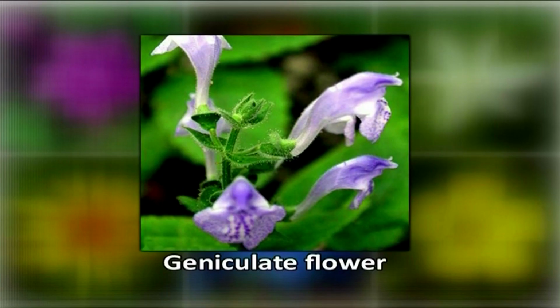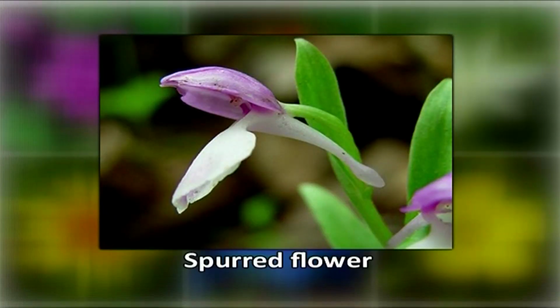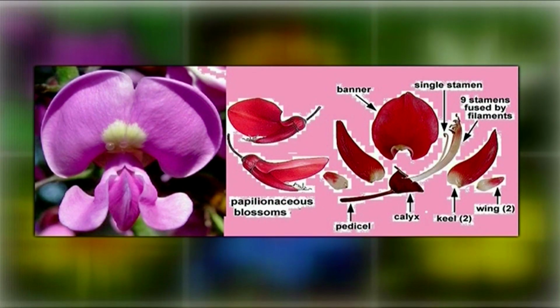They may be geniculate with a knee-like bend or spurred with an extension or spur, common in Delphinium, Aquilegia and Linaria, etc. Zygomorphic corolla can also be of papilionaceous type like a butterfly with a central standard petal and lateral wing petals, as in papilionaceous plants like Astragalus and Pisum, etc.